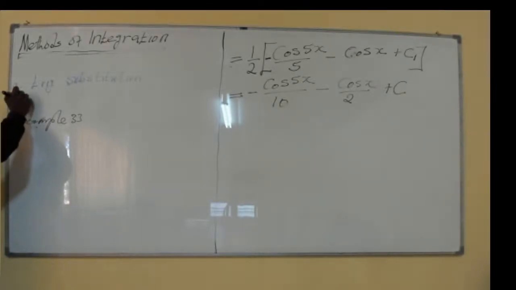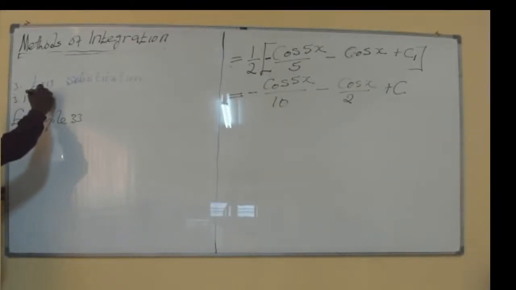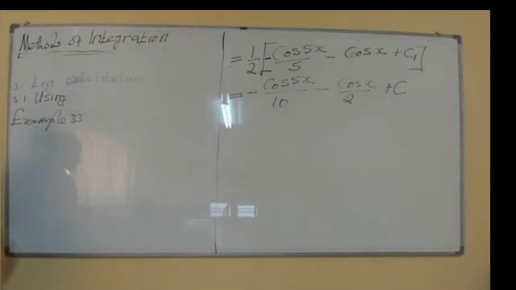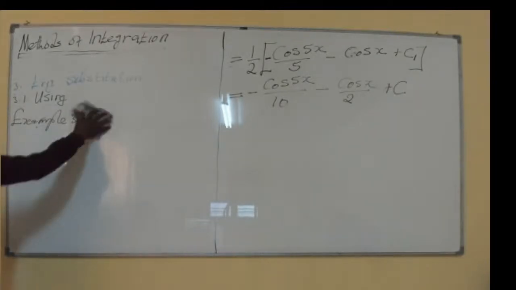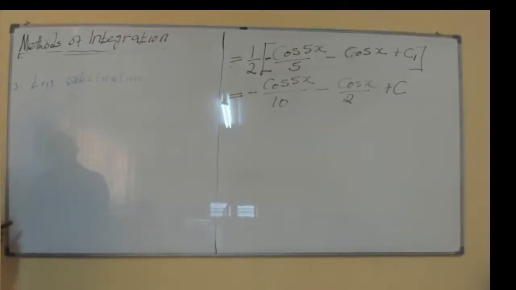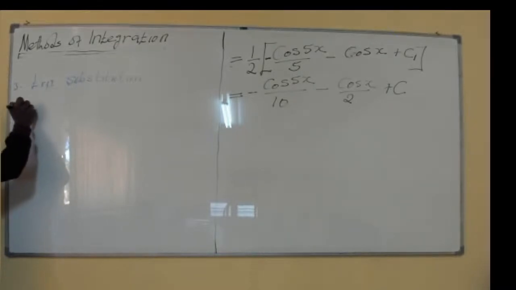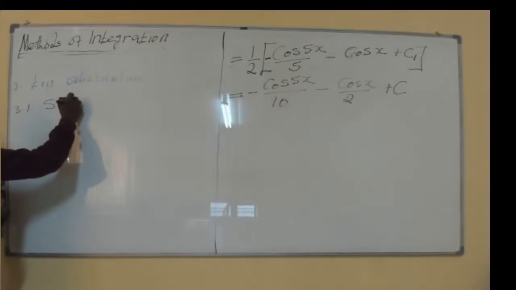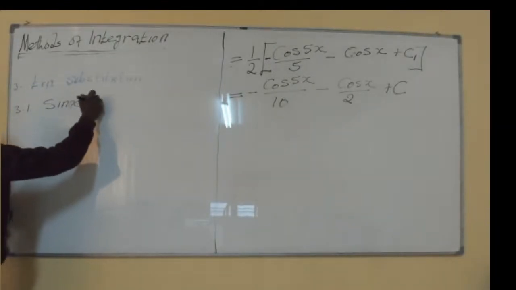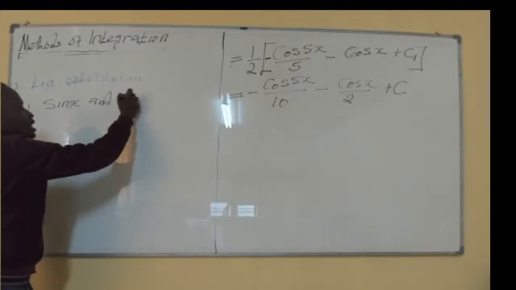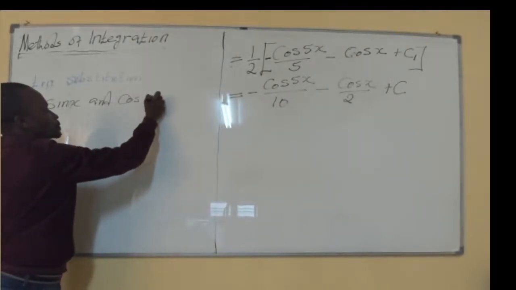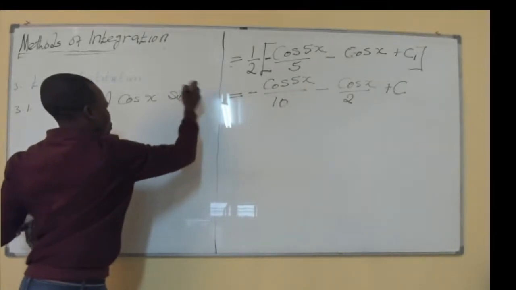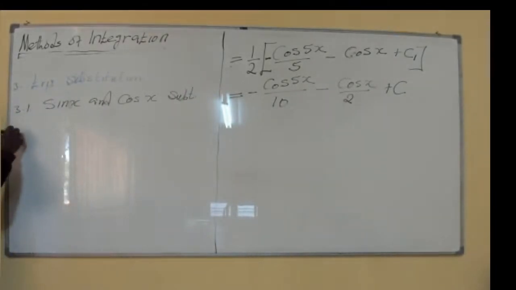Under this, I'll put it as 3.1, where we are using the sine and cosine substitution. So the first one, part 3.1, we are using sine of x and the cosine of x substitution. Okay, an example.